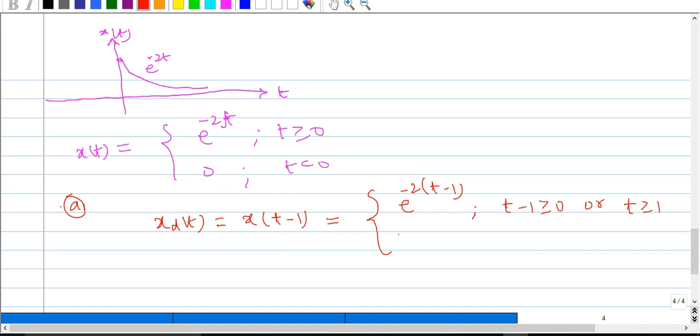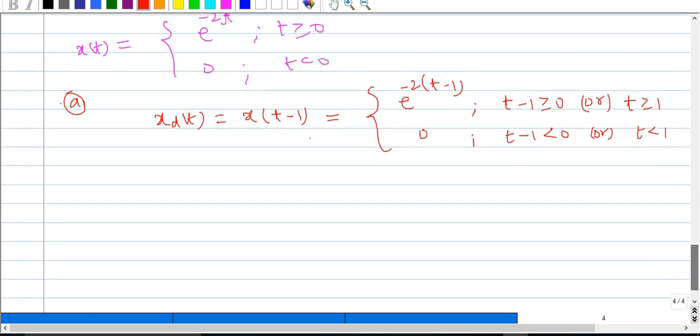Okay, and it will be 0 when t minus 1 is less than 0, or t is less than 1. So this is the mathematical expression, and now we have to sketch it.